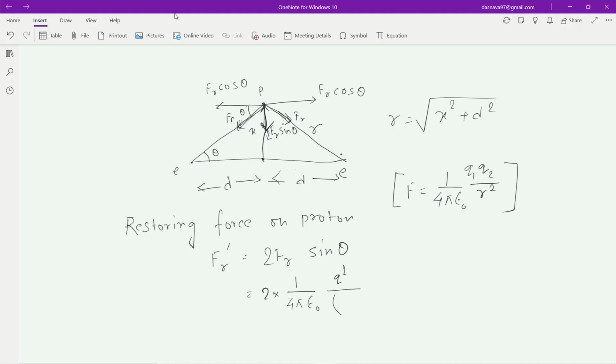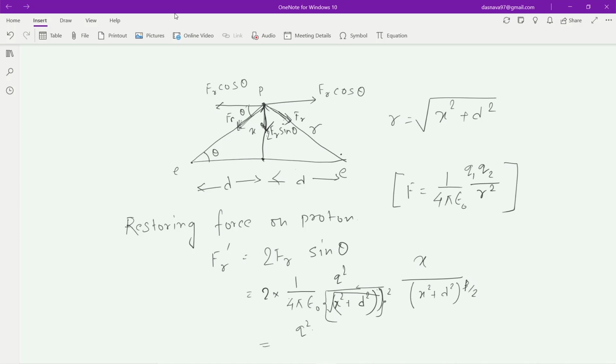So x square plus d square, this will be root, and this is whole square, and sine theta will be x by r, that is x by x square plus d square whole to the power half, right? So this will be considered as q.